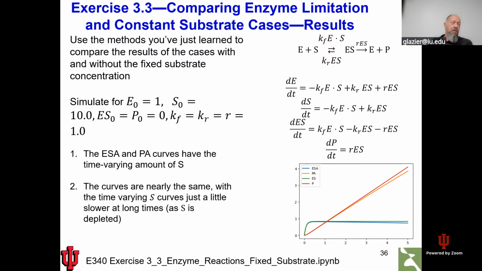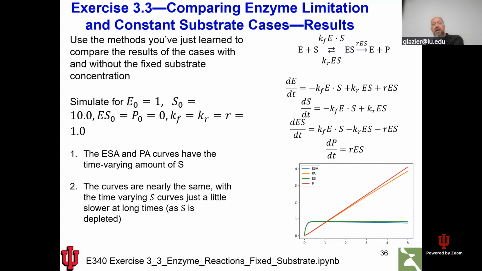But if you look at the result, what you'll see is that in this period from time 0 to time 5, the results are not too different from each other. But as I get close to time 5, the amount of product that I have when S is not held constant is a little bit less than the one that I have when S is held constant.